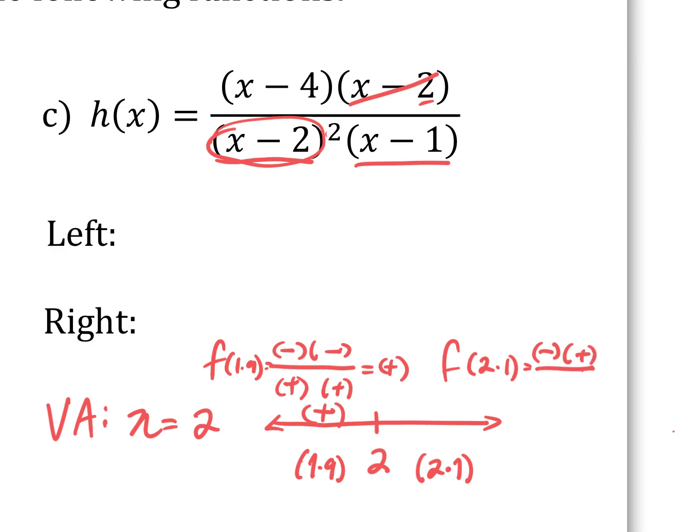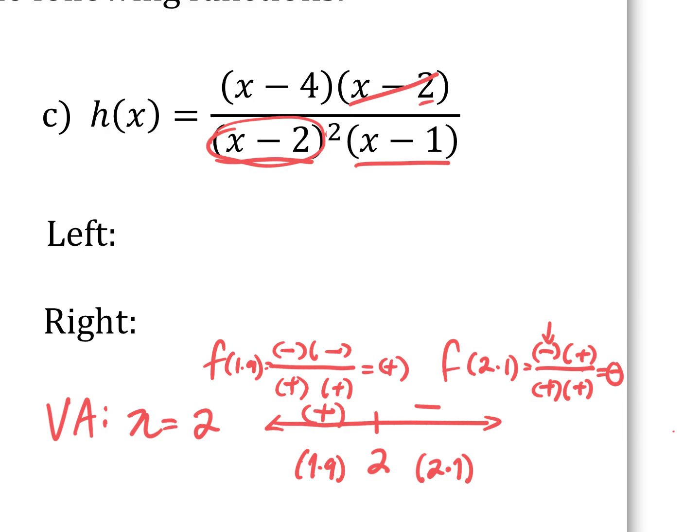Down below, it's going to give me 2.1 minus 2, which is actually 0.1, but we're going to square that, so it's going to give you a positive result. And then 2.1 minus 1 is still positive. So a total of this is going to give you a negative, because there's one negative in there. So on this side, the right side is going to be a negative.